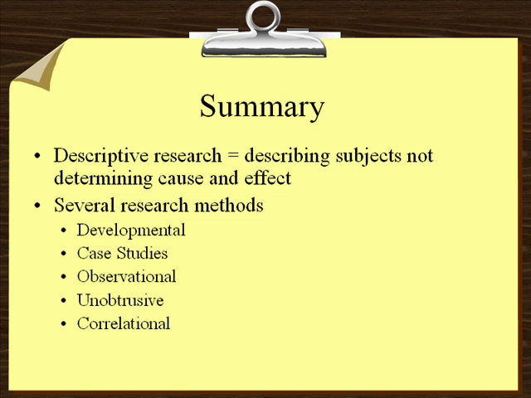Developmental, we're trying to see how people develop over time. We have case studies. We can look at a small group, 1 or 2 people, or an organization, which would be a job analysis, to understand what that case looks like, and then try to help others understand how to use that case in their organization or with other situations.